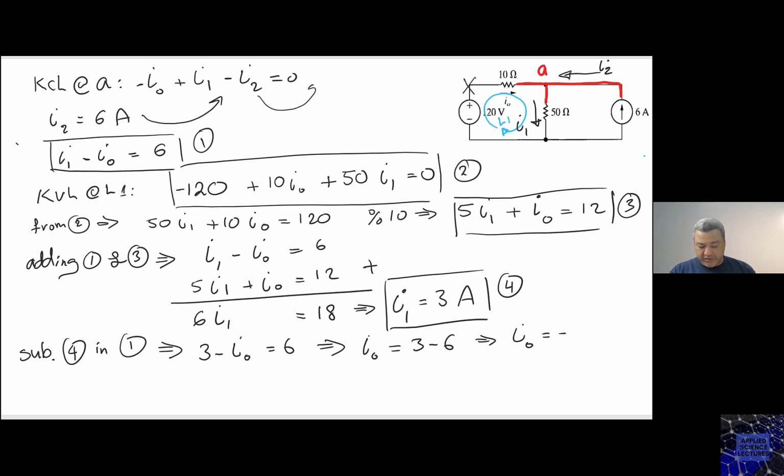I naught is minus 3 ampere. So the current of the 6 ampere went toward the voltage source. So we found I naught.